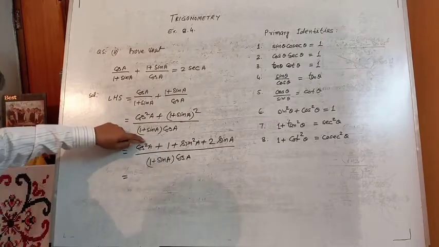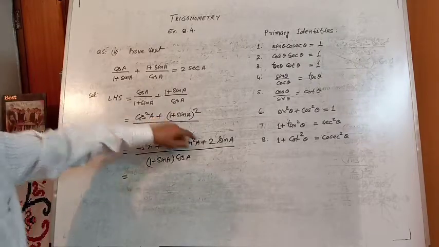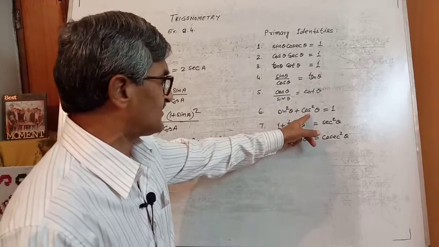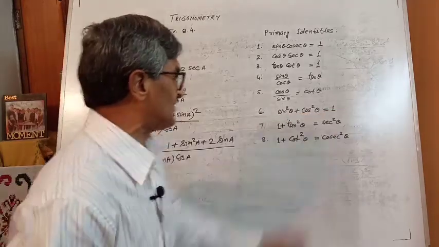Now cos square A plus sin square A, since sin square theta plus cos square theta is equal to 1.